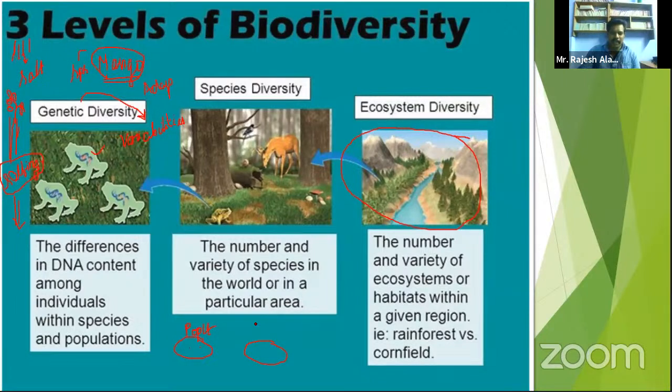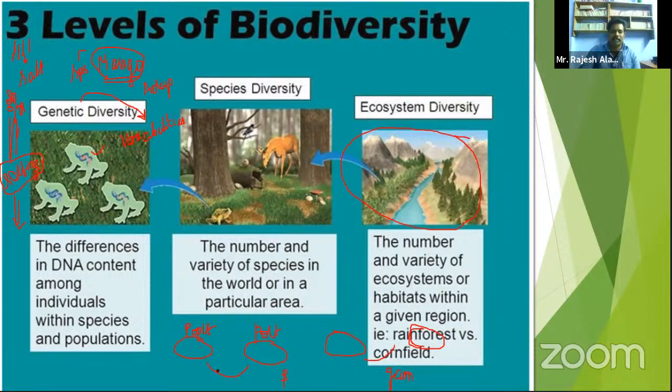If I compare the variation between two communities, it is called beta diversity. If I compare the variation between two different ecosystems, it is called gamma diversity. So gamma diversity is the higher level of diversity.